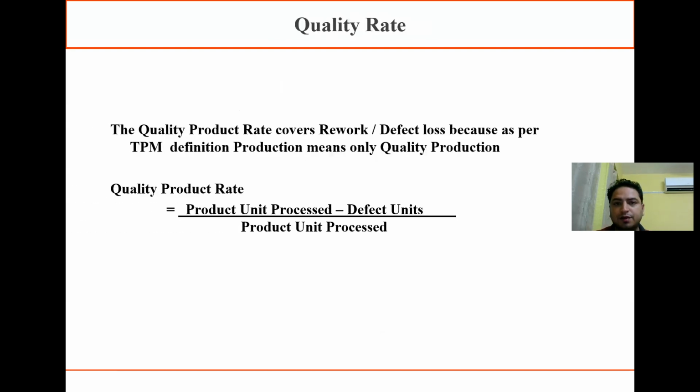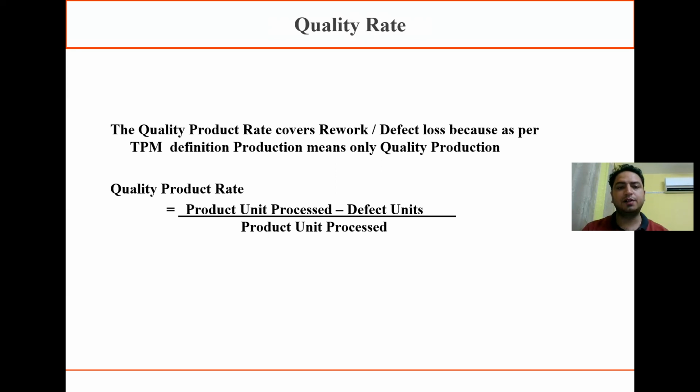The third one is the quality rate, and quality rate covers rework and defect loss. In the TPM definition, production means only quality production. It is not how much quantity we have produced; the main focus in TPM is the quality product that has been produced, which is considered the actual production. So defective loss or rework is considered in this rate.